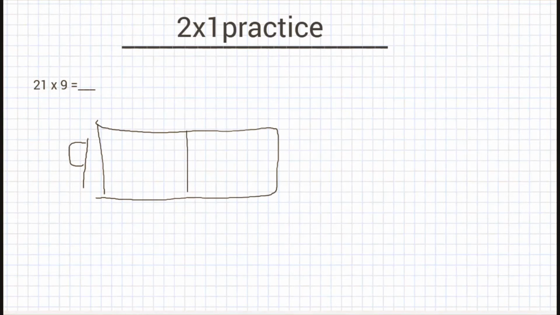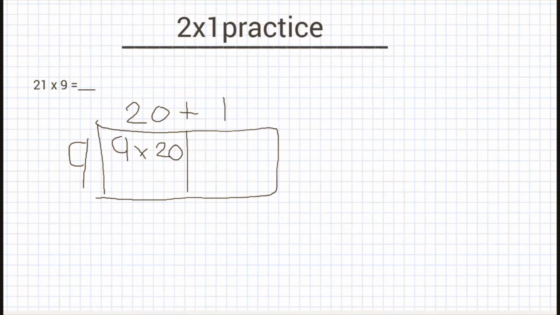Then you're going to break apart 21, which I like to do as 20 and 1. And then you're just going to put your 9 times 20 in here.